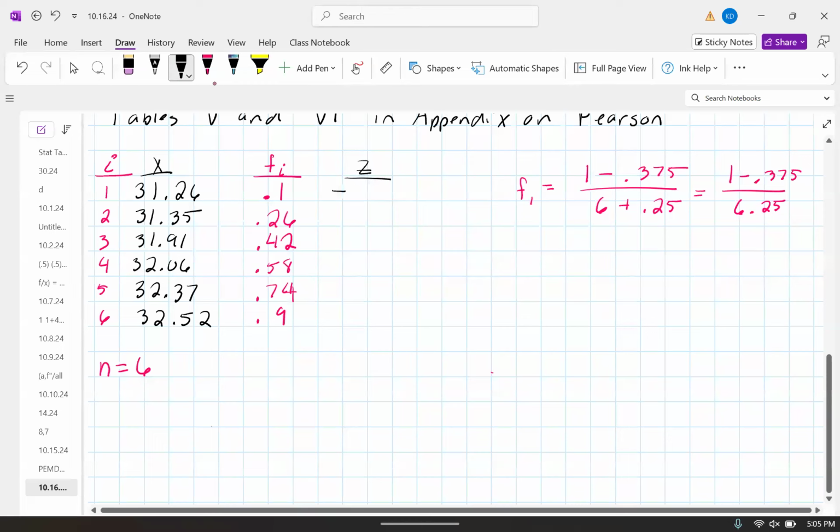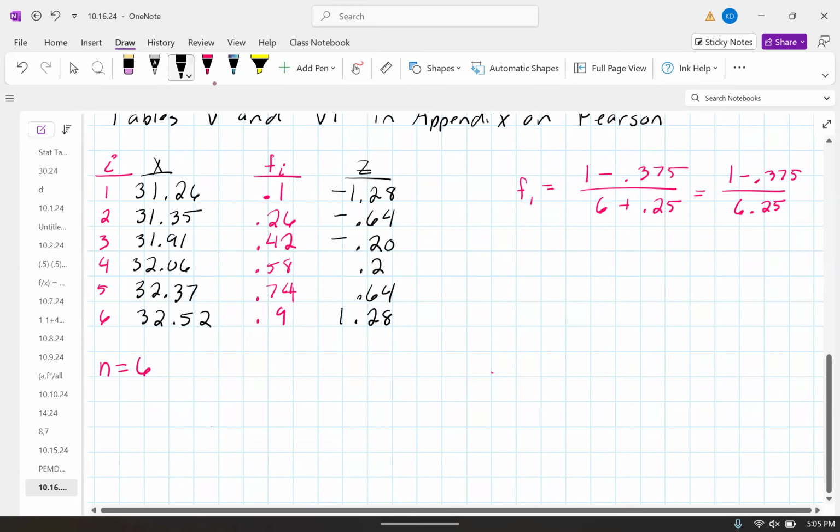I get negative 1.28, negative 0.64, negative 0.20, 0.20, 0.64, and 1.28.